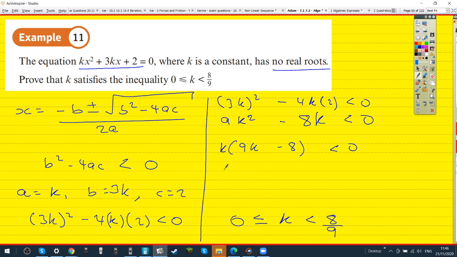And so from there it's a few different ways. You could sketch the graph. If you were to make it equal to 0 and sketch the graph, it would look like that. When is it less than 0? In between those two. That's when the graph is less than 0. I'm just wondering what method of proof.